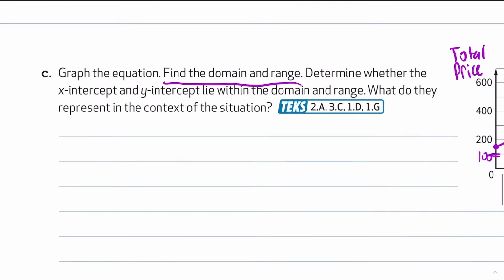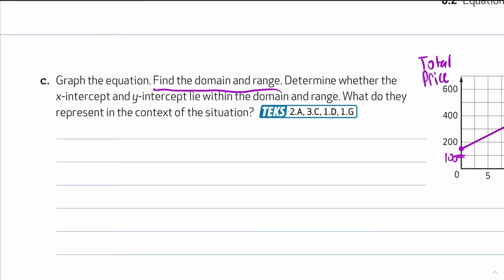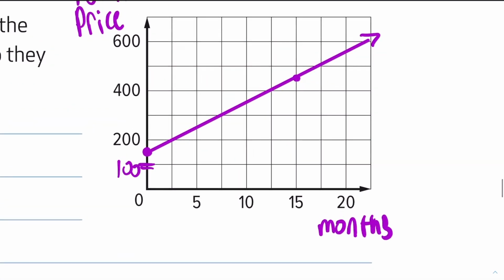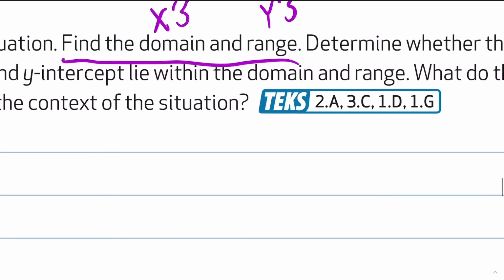It wants the domain and the range. So for the domain and the range, that means what x's can you use, and the range is what y's does the graph use. The graph doesn't use any y's lower than that. These ones, it doesn't use them. If you're lower than 150, we don't want you. That's the range.